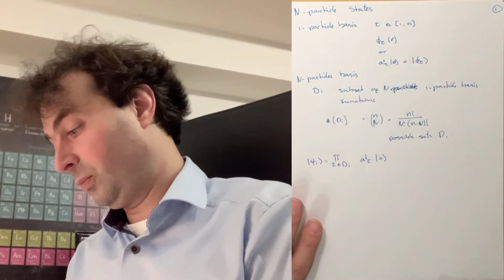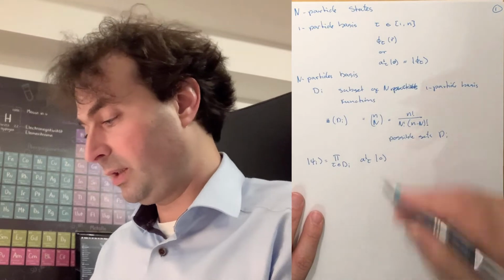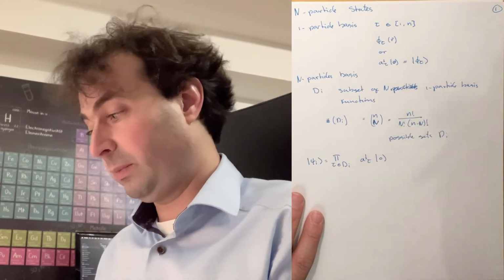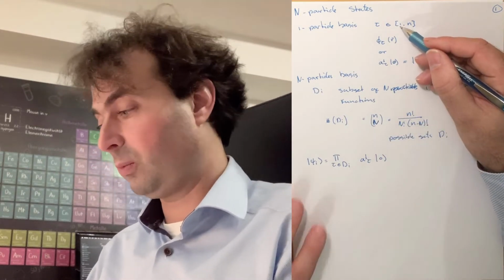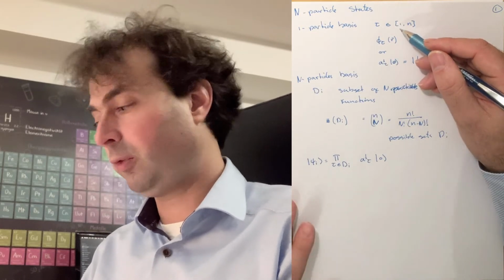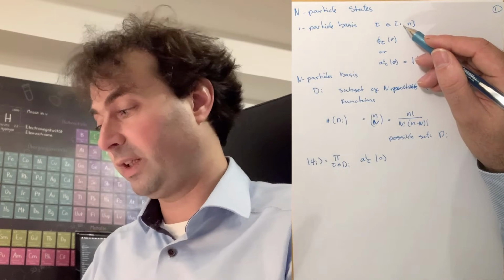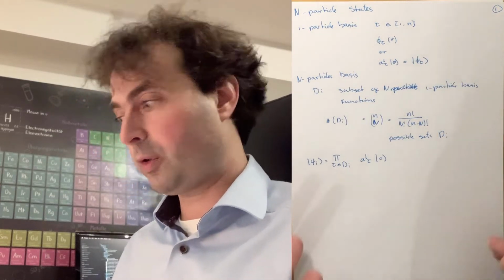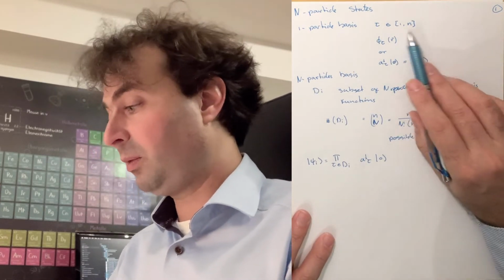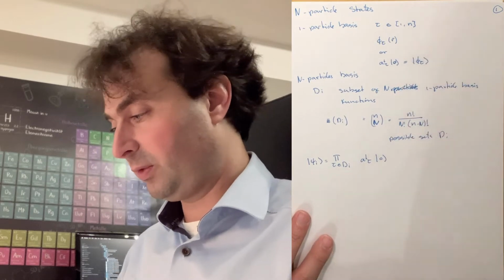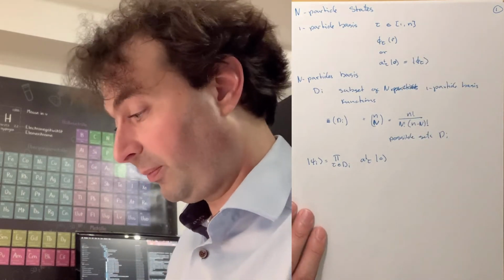So for two particles, capital N is 2, I can make sets with particle 1 and 2, 1 and 3, 1 and 4, 2 and 3, 2 and 4, 2 and 5, 3 and 4, 3 and 5, etc. All possible ways in which I can pick two elements out of the small n elements that I have.